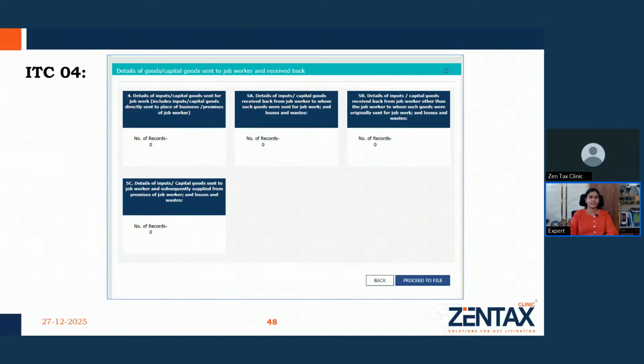And in table 5C, we will enter the details of inputs or capital goods sent to job worker and subsequently supplied from premises of job worker, that is subsequently supplied to our customers.